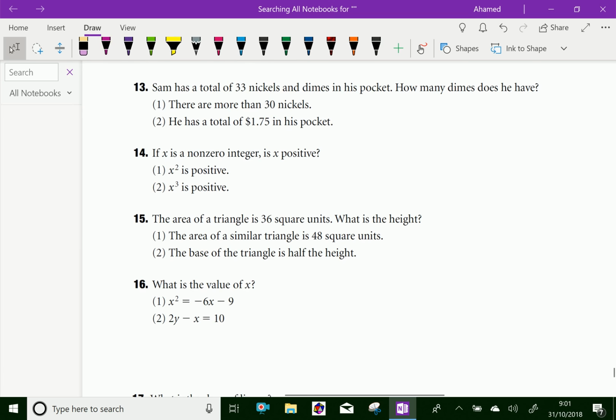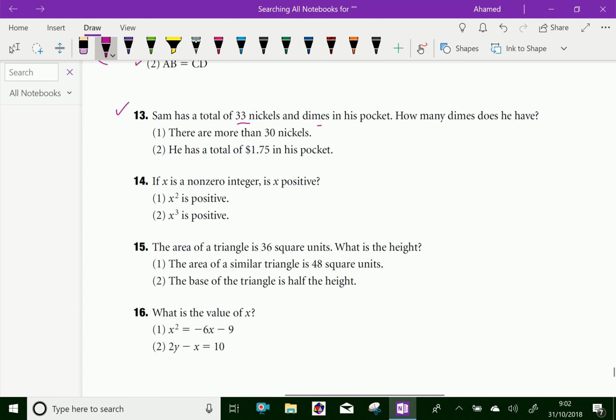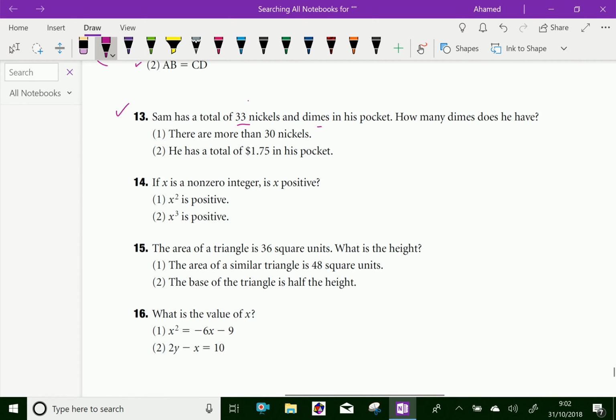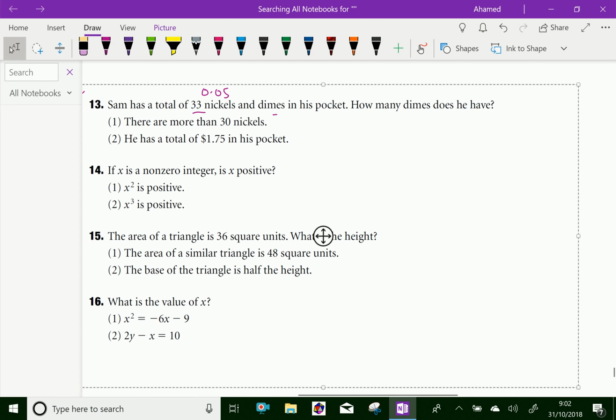Then question number 13. Sam has a total 33 nickels and dimes in his pocket. How many dimes does he have? Here let nickels have the value 0.05 and dimes have 0.10.